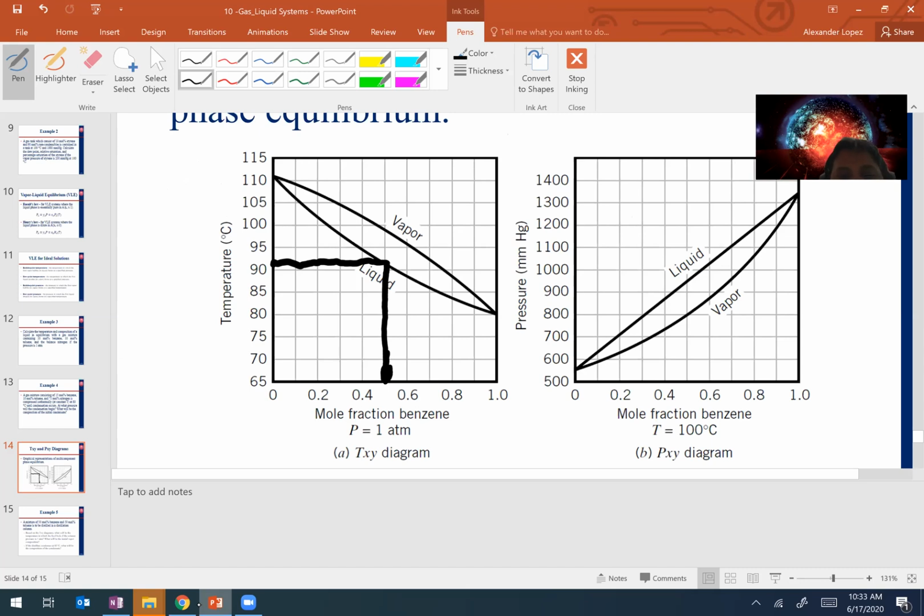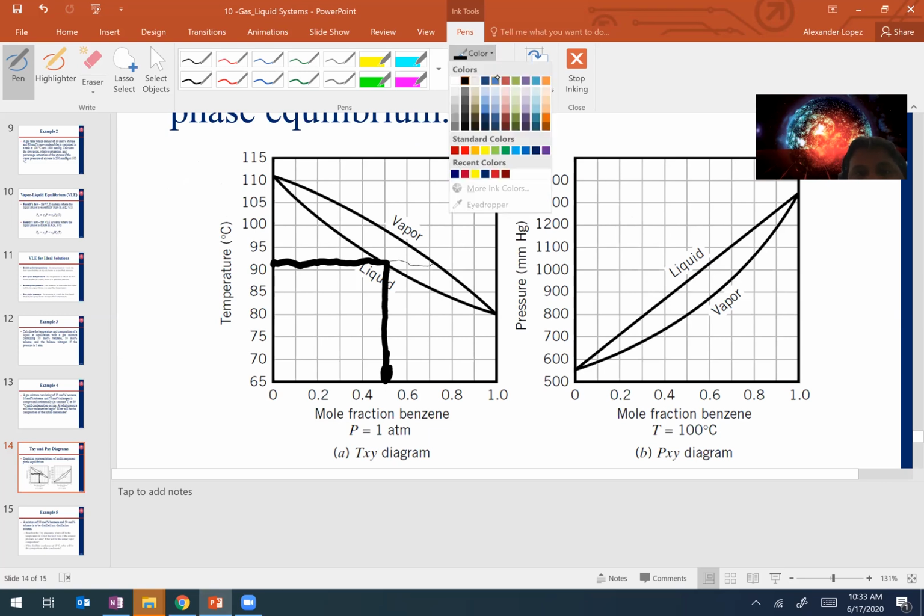What would be the composition of the vapor that forms at that temperature? Well, to find that, I would have to move on that envelope to the vapor that's in equilibrium at that temperature. So I would move this way. Oh, that's a little thin.